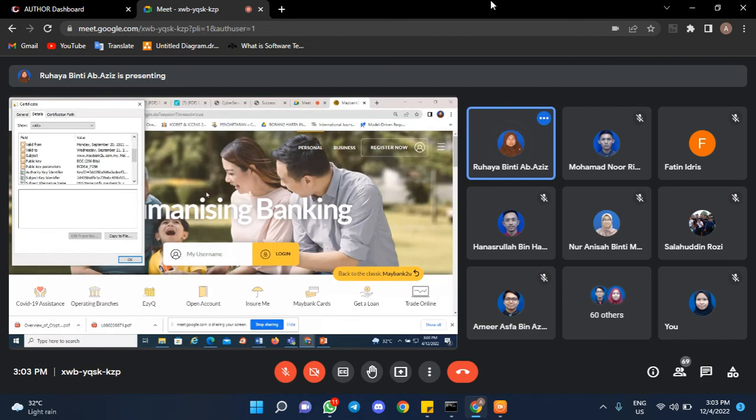CIMB klik. Siapa cuba? Pergi tengok CIMB, cuba pergi dekat tempat yang sama, dekat bahagian security tu. Ada tak yang pergi?